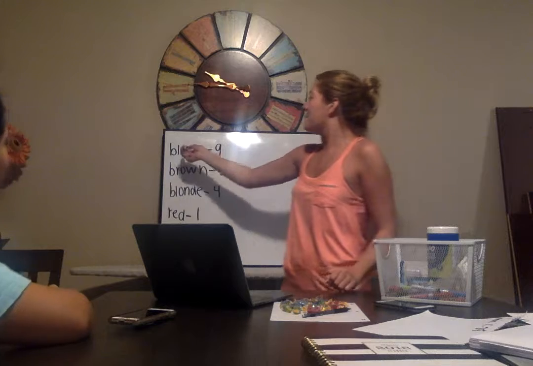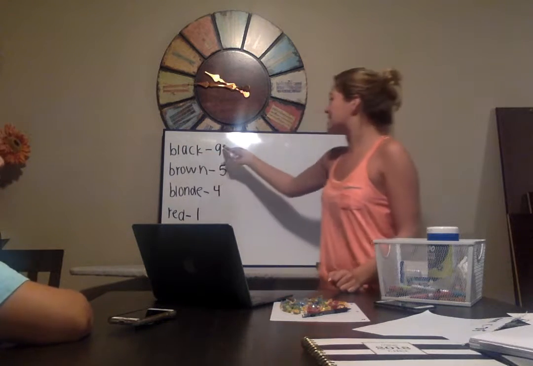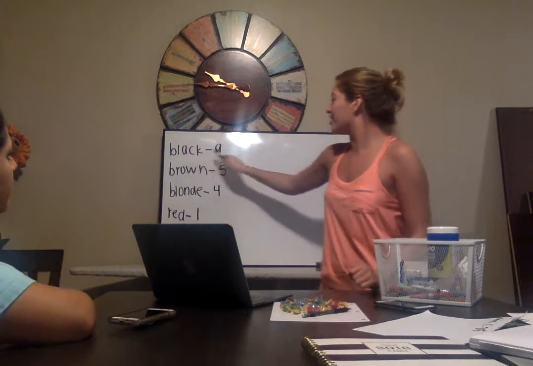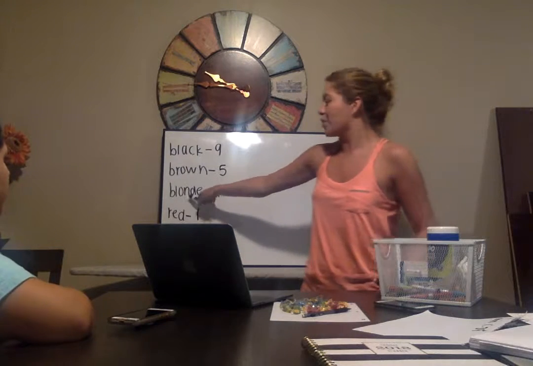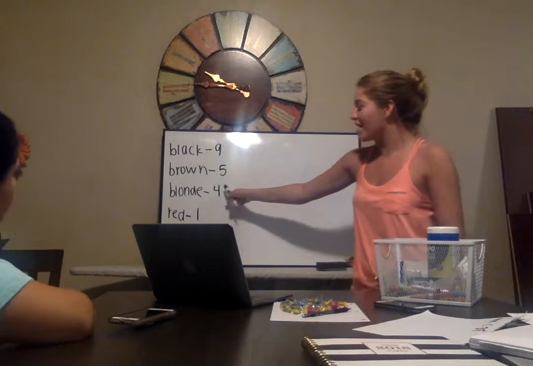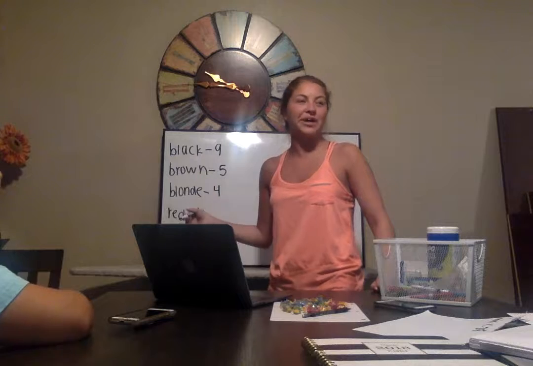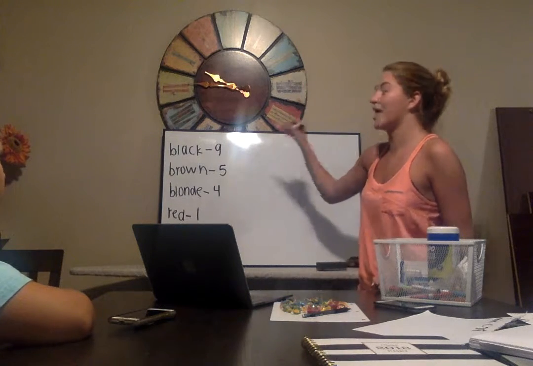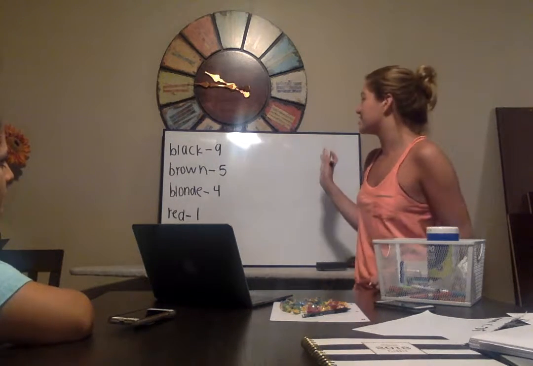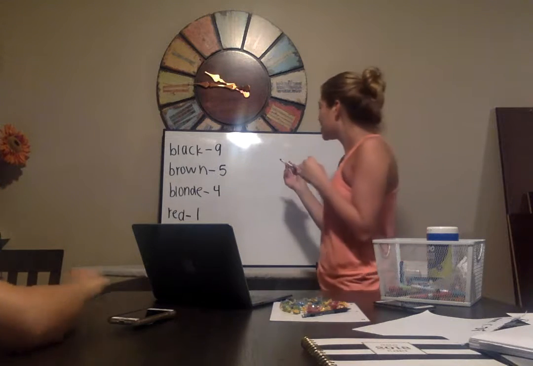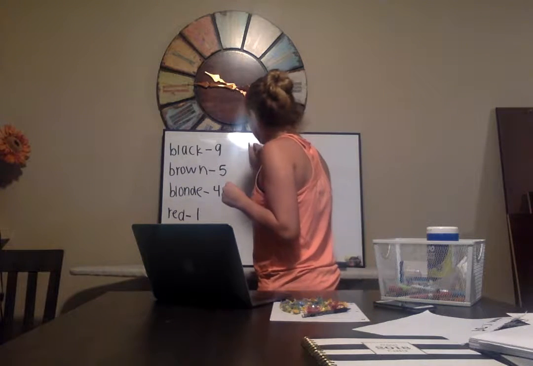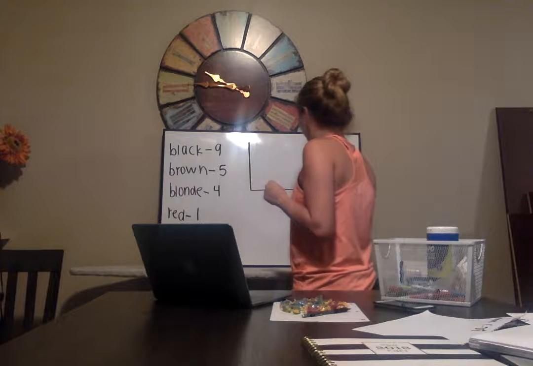Okay, so black hair color is 9, brown hair color is 5, blonde hair color is 4, and red hair color is 1. So after we have collected our data, we transition into a bar graph. So this is what we have to do for a bar graph.